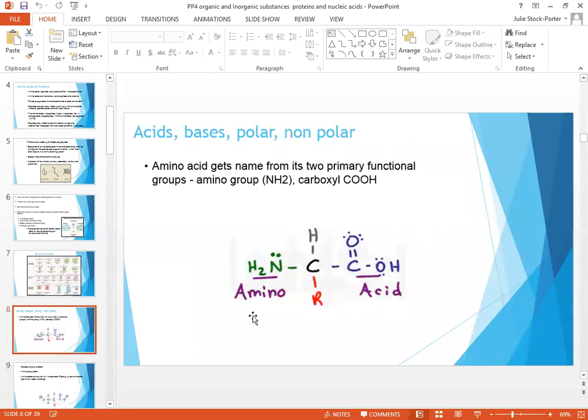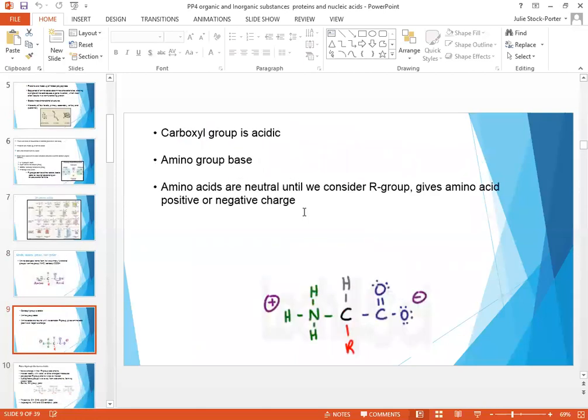That's how we get the name amino acid. The carboxyl group is acidic, the amine group is a base. Now we talked about acids and bases. So one side of the alpha carbon is going to be acidic, this group, and one side is going to be a base, this group.